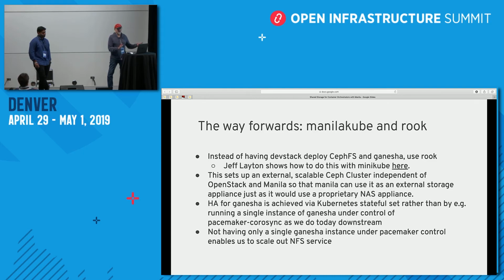Well, this idea is also represented in the Kubernetes world as a StatefulSet, basically. You can use a similar idea. So this will be a playground where we can play with the idea of using StatefulSet control rather than Pacemaker control to basically reincarnate a service, a single instance of a service, if we need to. We're also working at the same time on the Manila front to run it active-active so we can run more than one of them at a time and scale out that way. But this will be a good playground for us to work on those issues.